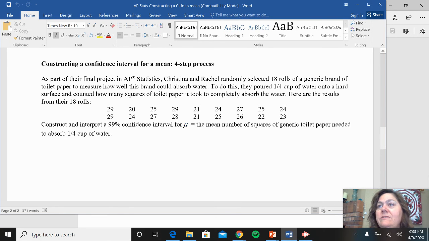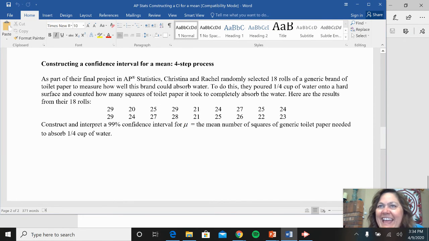So here's a pretty interesting problem. It's a test on toilet paper. I just realized that this is hilarious, in this time where we probably would not be using toilet paper to do AP stats testing because everybody is hoarding it, unless you're a person who hoarded 1,000 rolls at the beginning of all this.